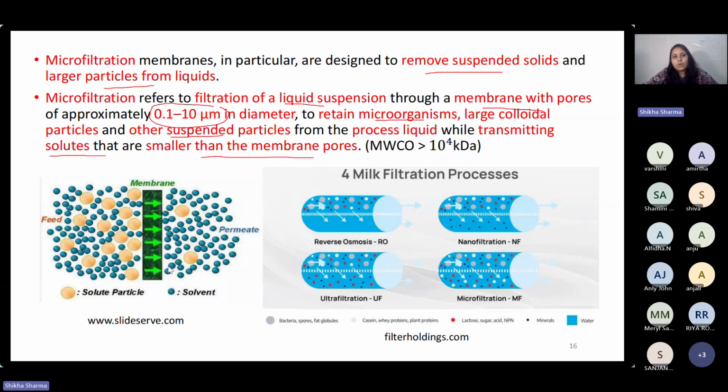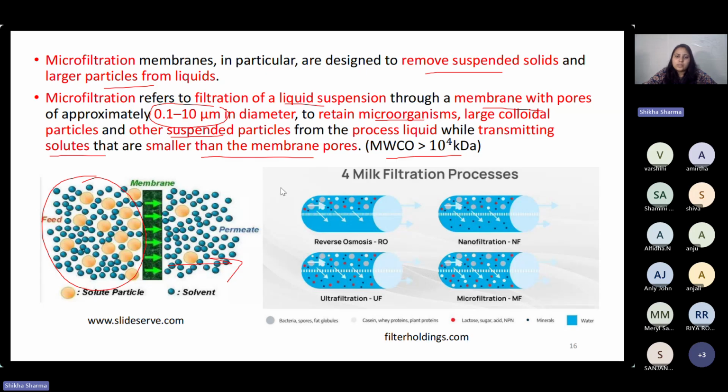So smaller ones will be passed through, and the bigger particles will be retained. The molecular weight cutoff here is 10 to the power 4 kilodalton in the microfiltration case.